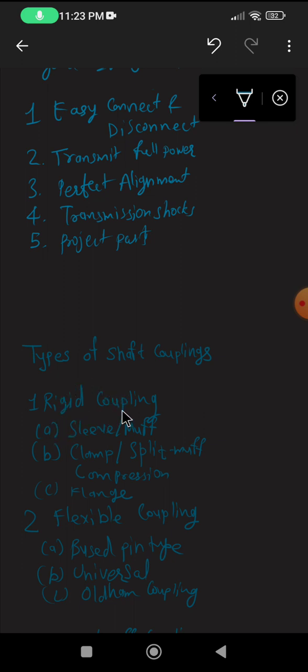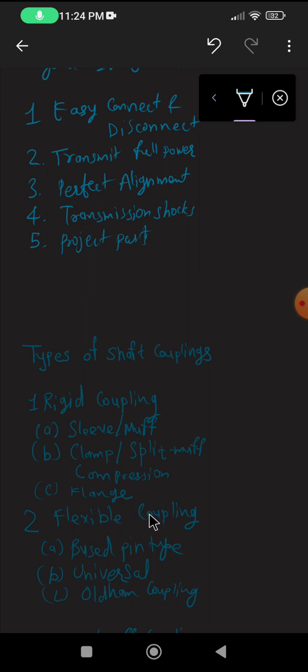The first group is called rigid coupling. It is used to connect two shafts which are perfectly aligned. First is the sleeve or muff coupling. Second is the clamp or split muff coupling, which you can also call a compression coupling. And the third and last is the flange coupling.